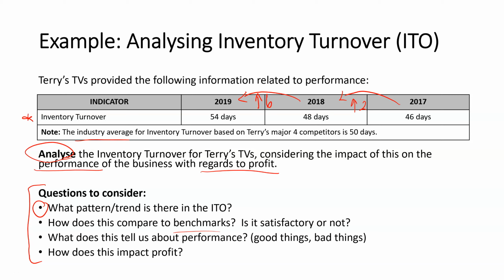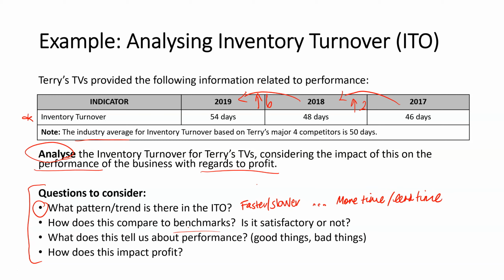So the kinds of language that we're going to use when we're talking about the pattern or the trend is things like faster or slower, or could be more time, less time.